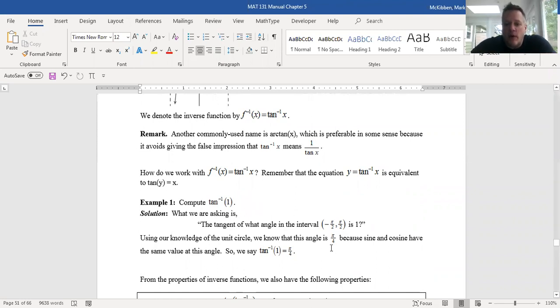So here, the only way the tangent is 1 is if, remember, tangent of x is sine of x over cosine of x. And so the only way the tangent of x is 1 is if the sine and cosine are the same value. Well, we know that a point on the circle for which the x and y are the same occurs at pi over 4. And so, in fact, that's the only one because the tangent's 1 to 1. And so the tan inverse of 1 is pi over 4.